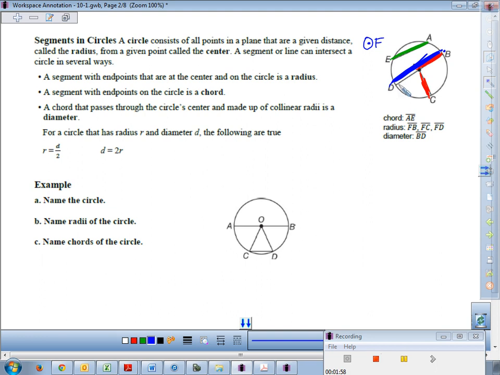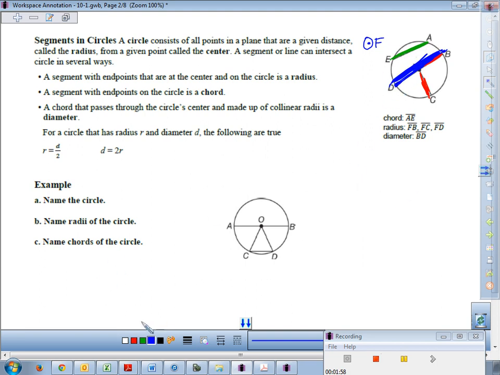Well, that's probably right, but this blue guy right here is really a diameter, so I don't like to call that a chord. I like to just call it straight up a diameter. So radius goes from the center to any point on the circle. Diameter is twice as long as the radius, right, and it's got endpoints on the circle and goes through the center. And a chord right here is just a segment with endpoints on the circle.